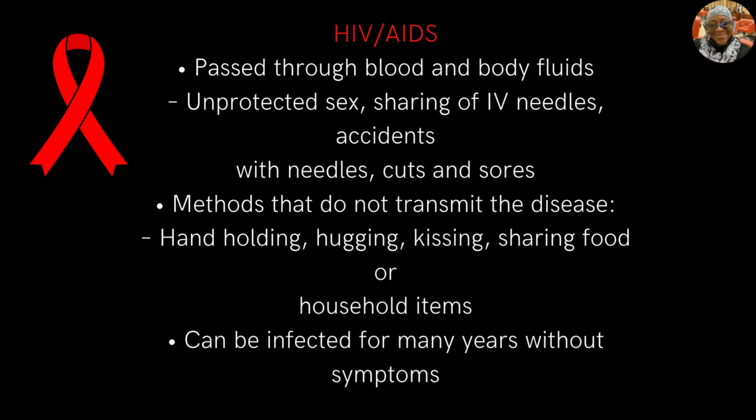The methods that do not transmit the disease are holding someone's hand, kissing, hugging, sharing food and household items. That does not transmit HIV or AIDS. It can be present for many years without symptoms.